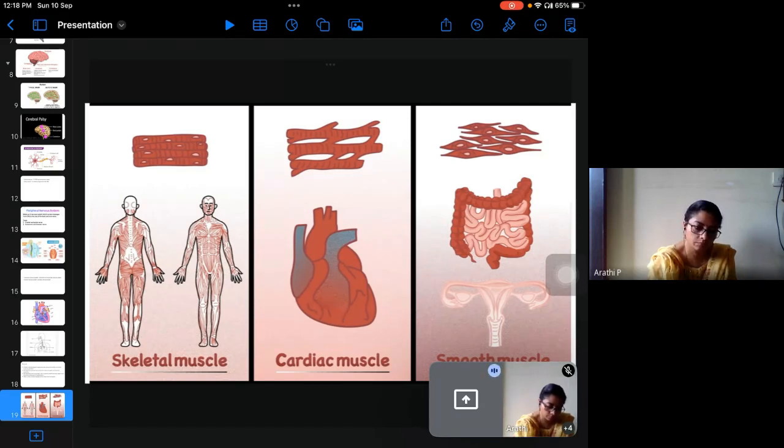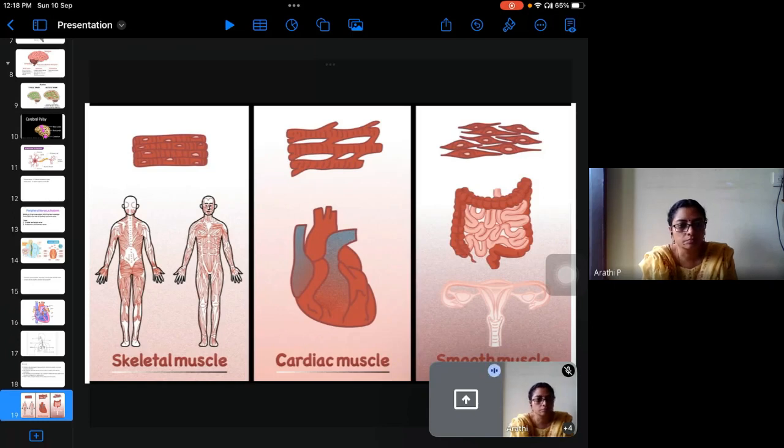As the name suggests, skeletal muscles are the ones which give protection to the skeletal system. They just have to stretch themselves. Nothing else. Just stretching, contracting. That's all they have to do.